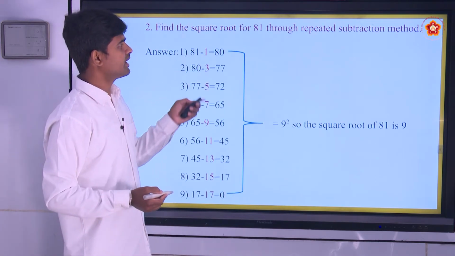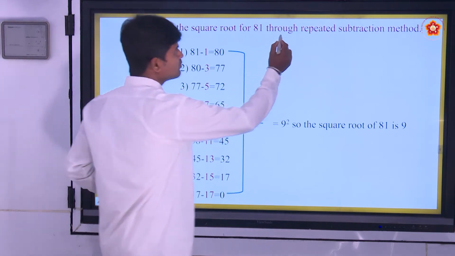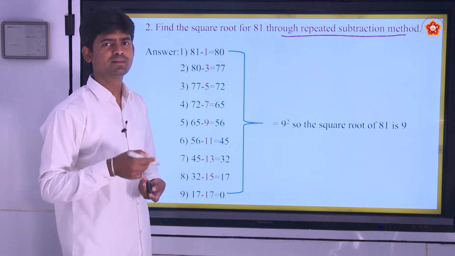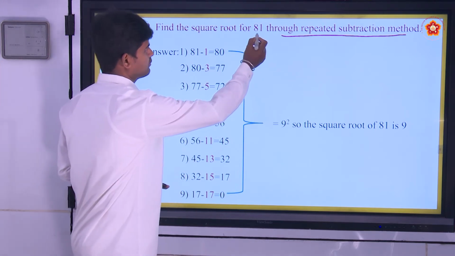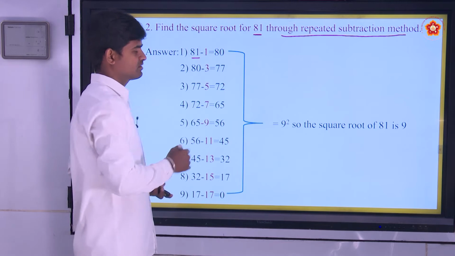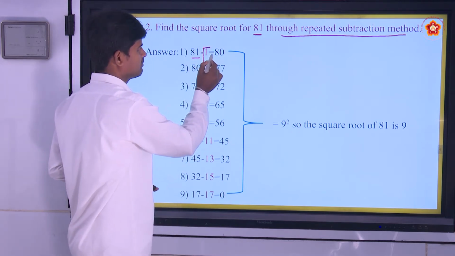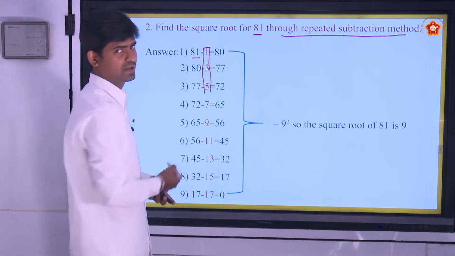Next, find the square root of 81 through the repeated subtraction method. We have to subtract successive odd numbers from 81. 81 minus 1 is equal to 80.